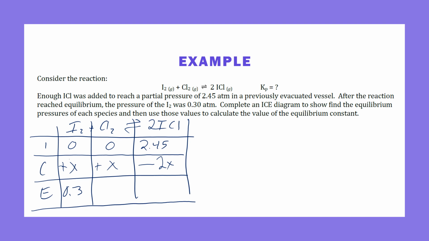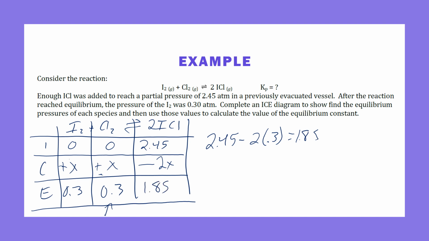So I know that x is 0.3, which is nice. So I can go ahead and fill in the Cl2 column, which should be the same because it has the same coefficient. And then for ICl, you'll solve it's 2.45 minus 2x, or minus 2 times 0.3. And that will give us 1.85 atm.